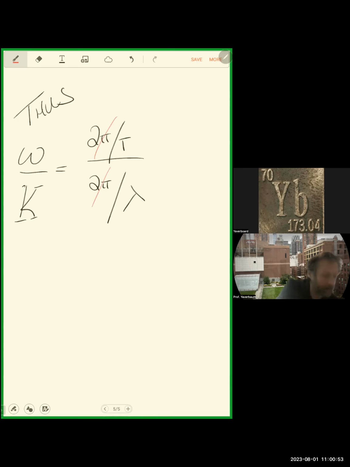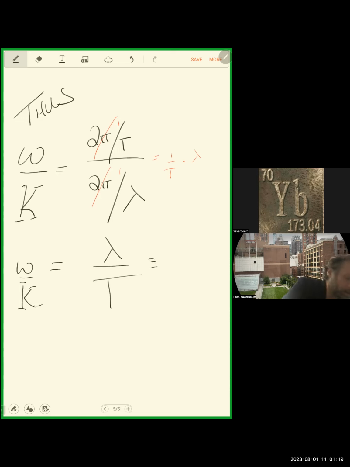So it's now like 1 over T divided by 1 over lambda. That looks very annoying because it is. But what that really is, is 1 over T times lambda over 1, right? To divide a fraction, you multiply by the reciprocal. So what omega over k actually is, is lambda over T.